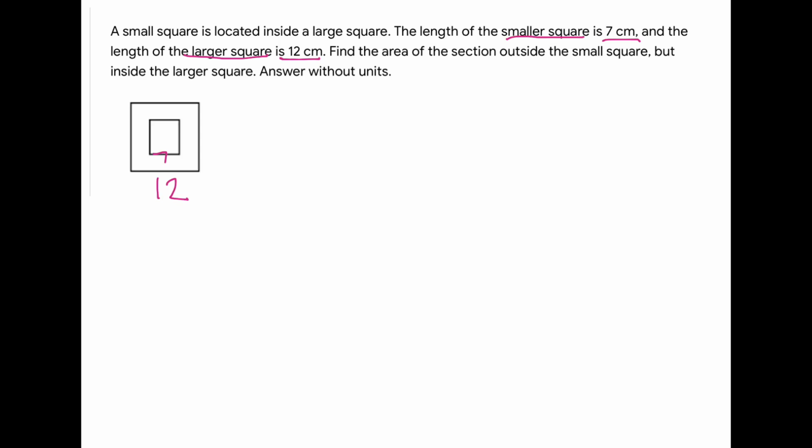So we know that the larger square, it's a square, so your length is going to be the same as the height. So your larger square equals, they're the same, 12 times 12.